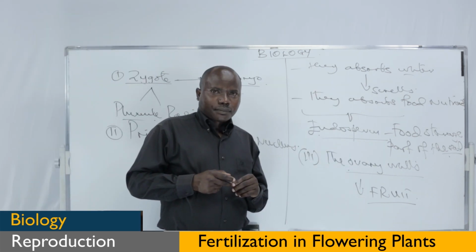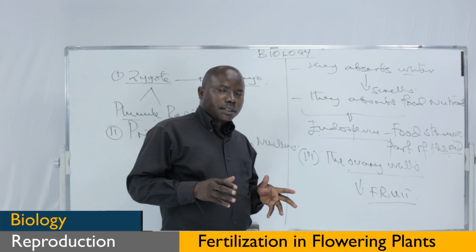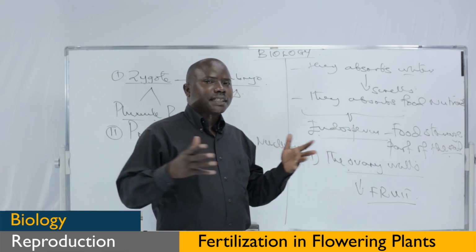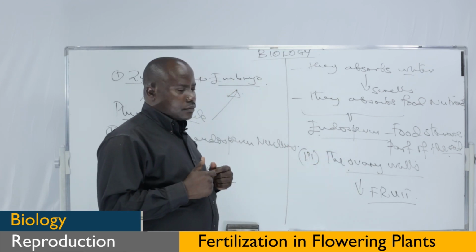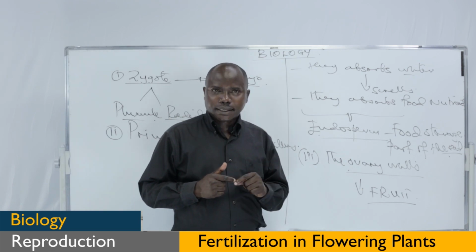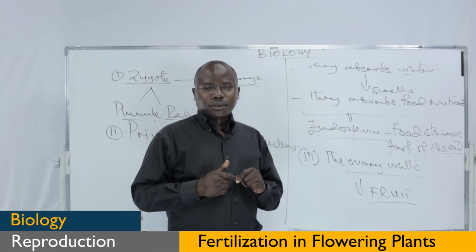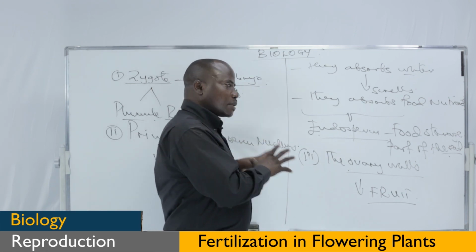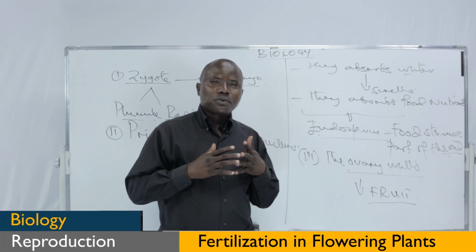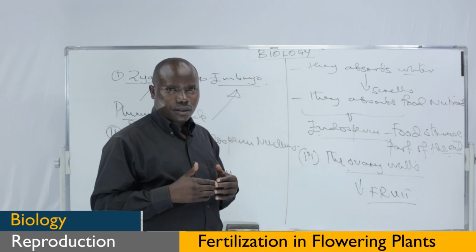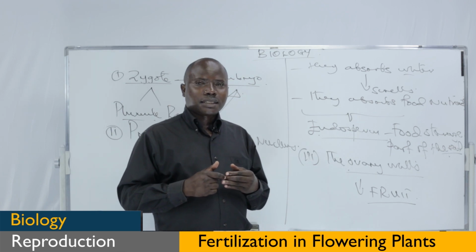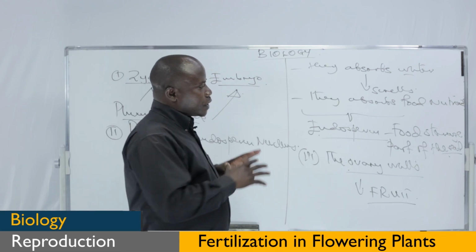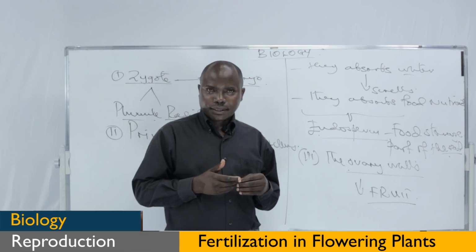Dear students, up to this point, we have managed to answer different questions from this concept of double fertilization. But what you need to know is that the same concept of double fertilization can produce different questions. What you need is the knowledge that can enable you to respond to various questions.